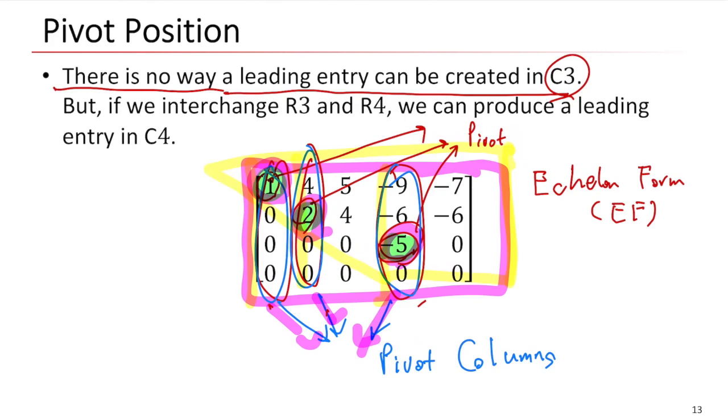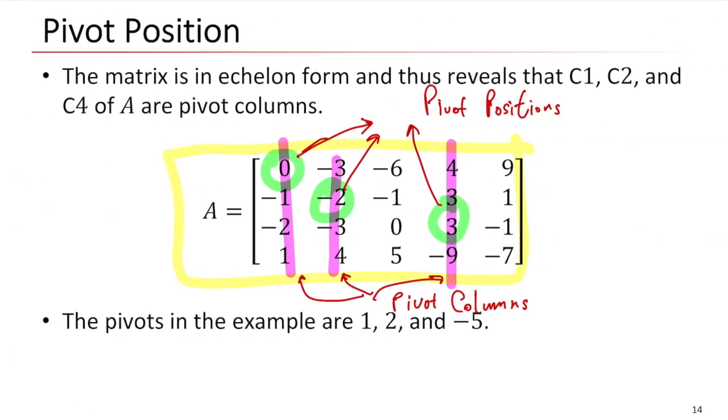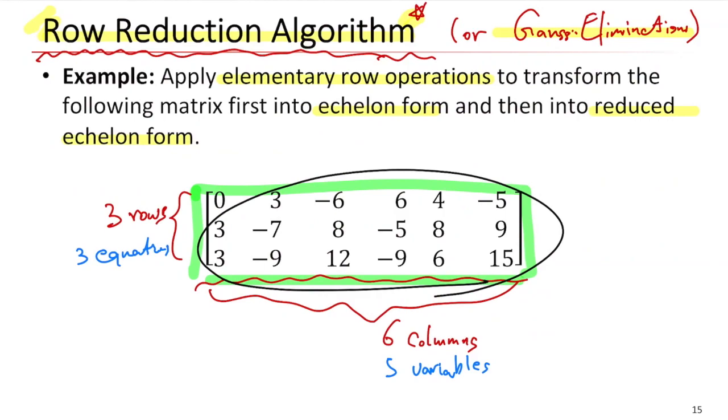Okay, we can see this today. Okay, so that was the definition of the pivot position, something like that. And finally, in the last lecture we also learned the row reduction algorithm, also called the Gaussian elimination, like this. So what was that?